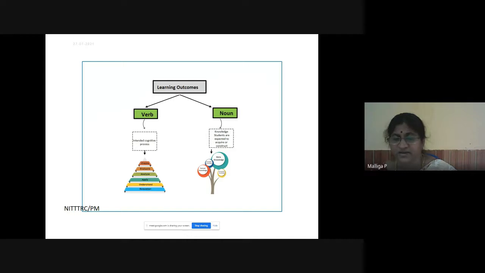It is not a hierarchy. It is not in any order. You can say simple to complex, or concrete to abstract, something like that, but it does not have a hierarchy like this one. So: factual knowledge, conceptual knowledge, procedural knowledge, and metacognitive knowledge. Right, so this is about Bloom's taxonomy.